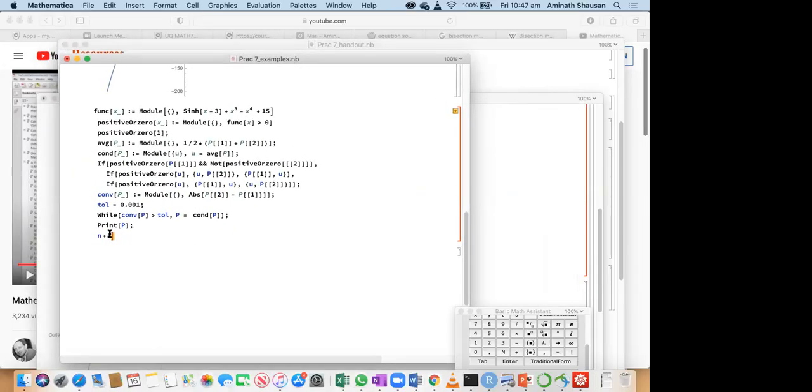All right, I'm still getting the same error, which I will have a look at. Let me check the while loop, the while test condition.